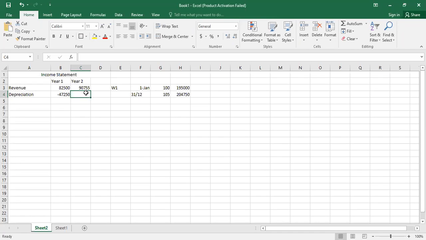So we go to year 2. In year 2, our base is still 100. As at 31st December of year 2, our index is at 110, so this is the current price. You have an inflation of 10 shillings.